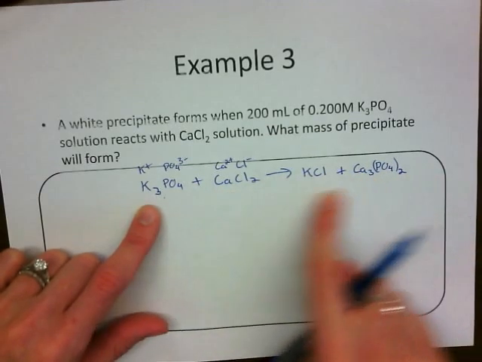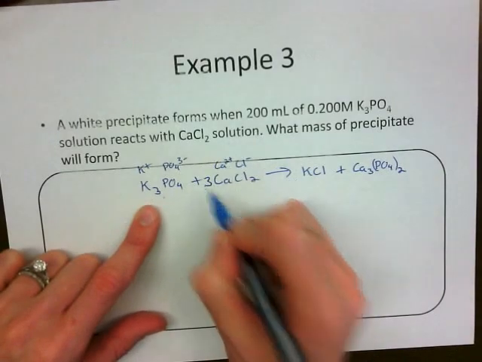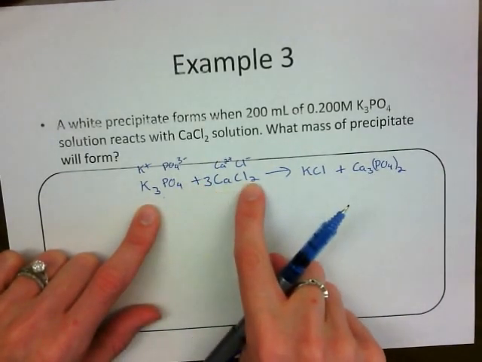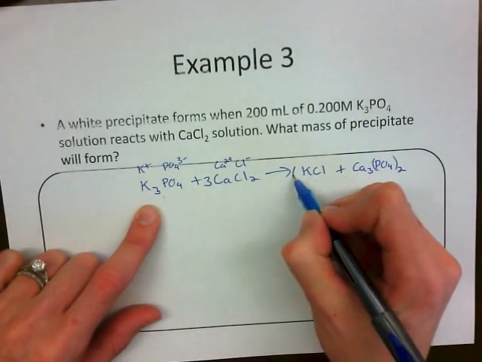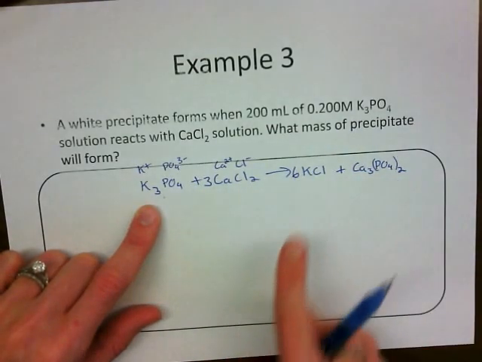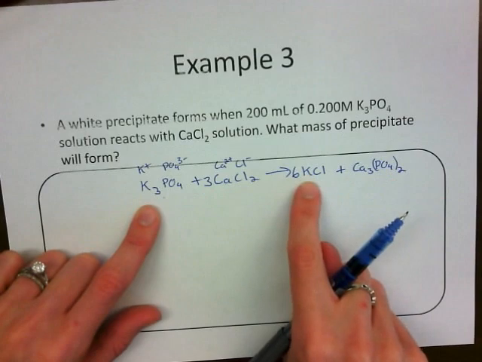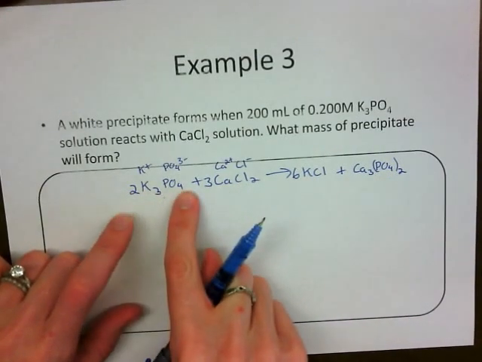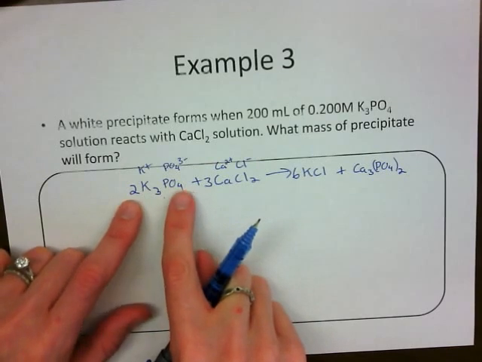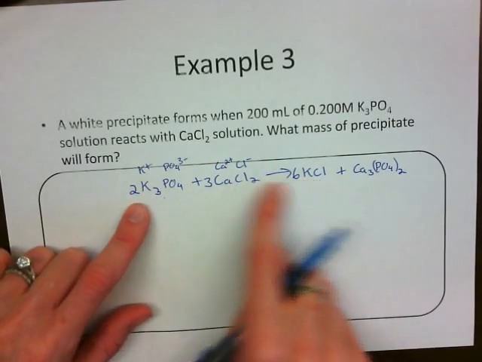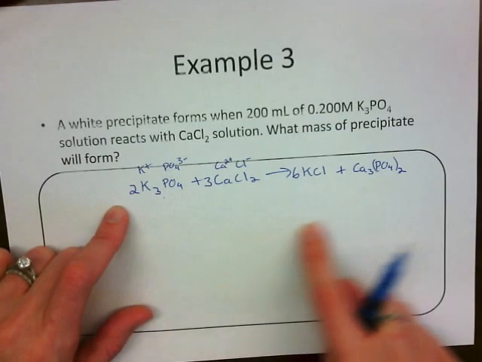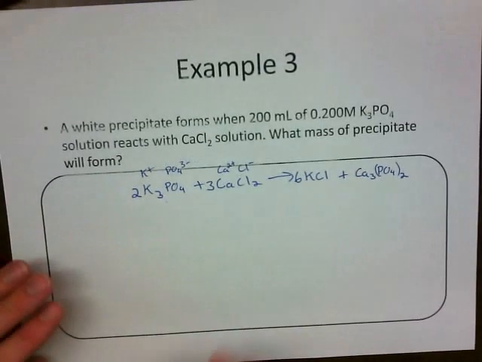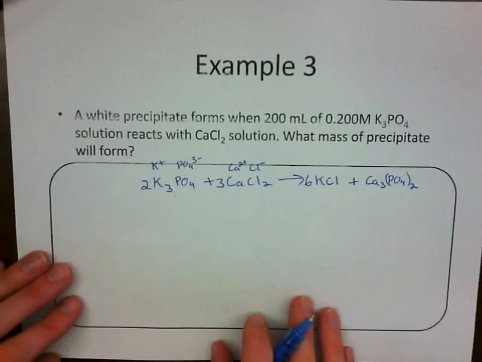I have 3 calciums. If I put a 3 here, I'll end up with 6 chlorines. If I put a 6 here, I have 6 potassiums. If I put a 2 here, I have 2 phosphates, 2 phosphates, balanced. Alright, now on to stoichiometry.